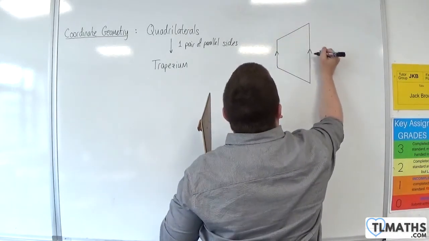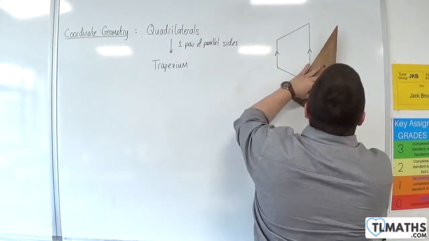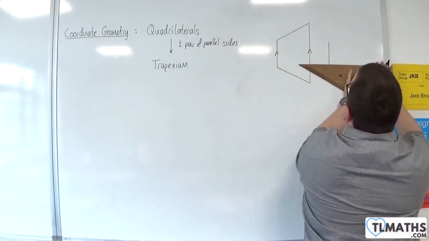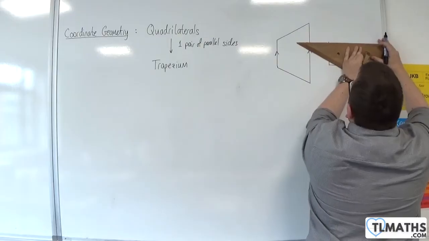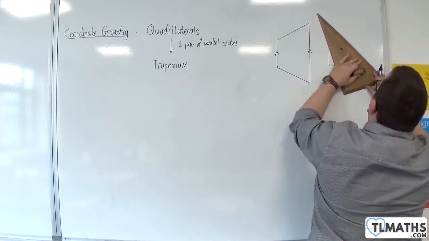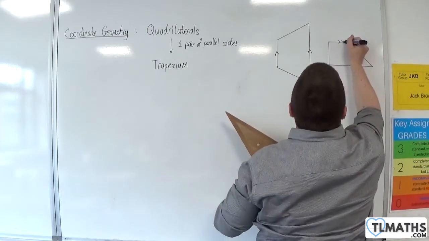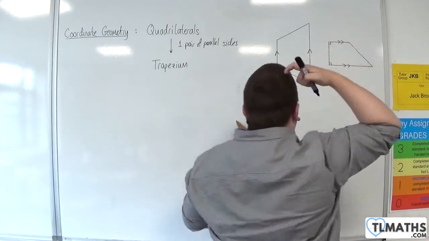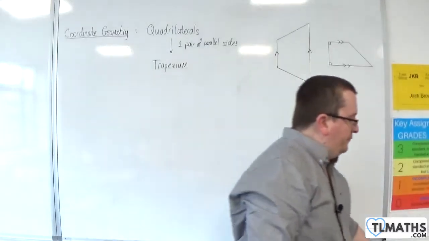Okay, and those two sides are parallel. But you could also have one that looks like that. So those two sides are parallel, and they could be right angles, for example. Okay, both of these are trapeziums.